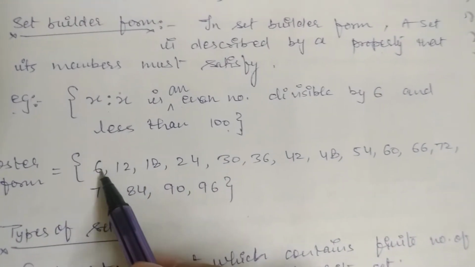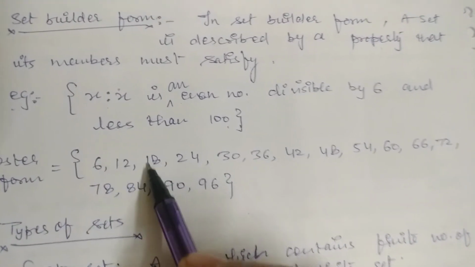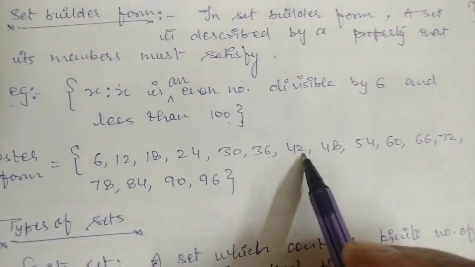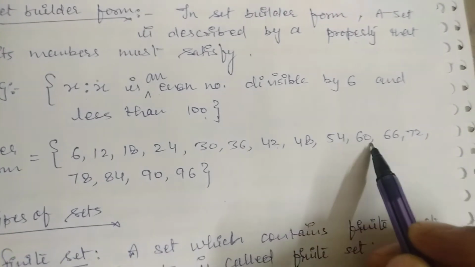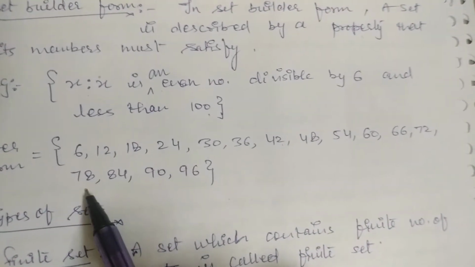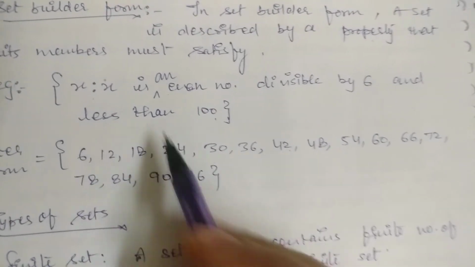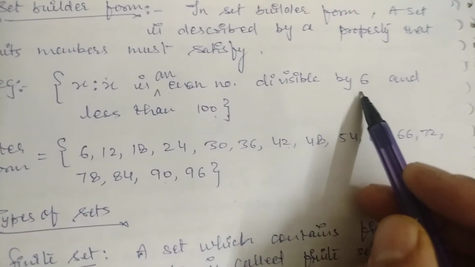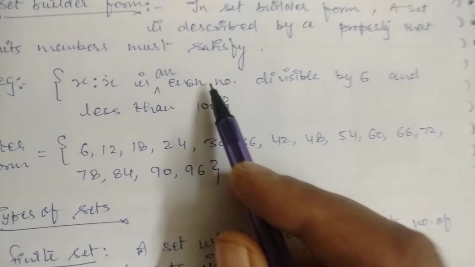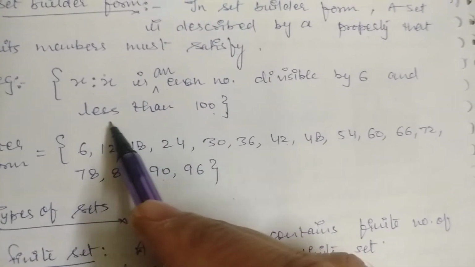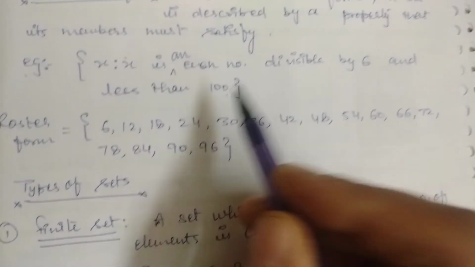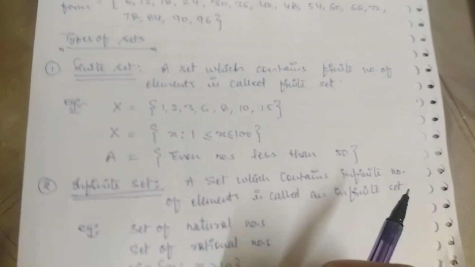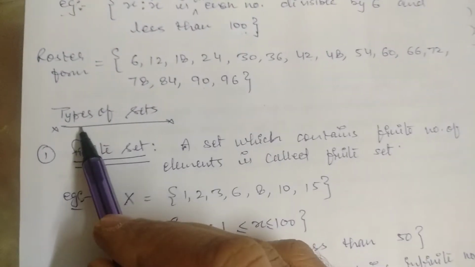So the numbers will be 6, 12, 18, 24, 30, 36, 42, 48, 54, 60, 66, 72, 78, 84, 90, 96. All are multiples of 6, all are even numbers, and all are less than 100.